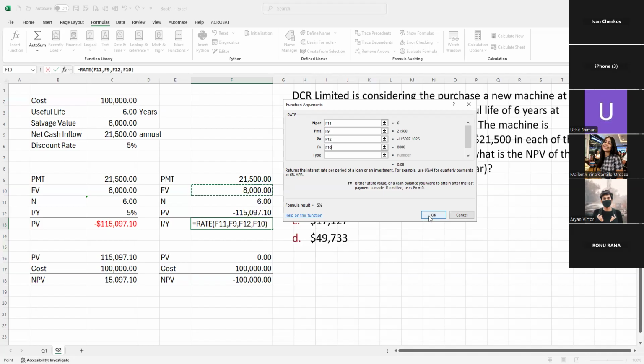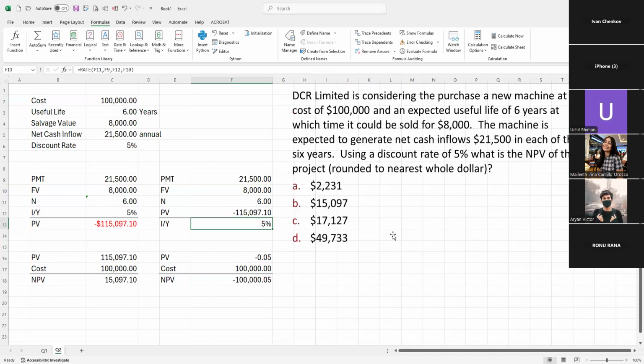So now we have to see how much is the interest. In this case, we come up with the interest rate, which is 5%. So that's exactly the same interest rate that we get in here. Make sense? That interest rate here that we're using in this formula gives us a present value of negative 150.97.